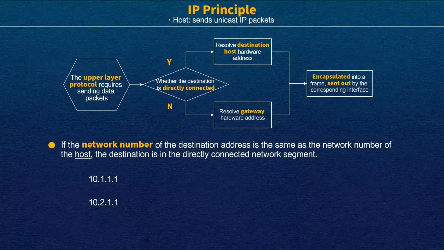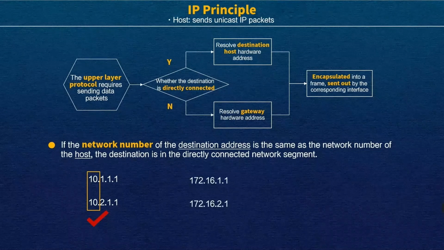We already know the IP address classification, right? Classes A, B, and C. 10.1.1.1 and 10.2.1.1 belong to class A. For class A, the network part is the first 8 bits, and the remaining 3 parts belong to the host part. So if the first 8 bits are the same, we say the network number is the same. Comparing the first part, they are the same, right?